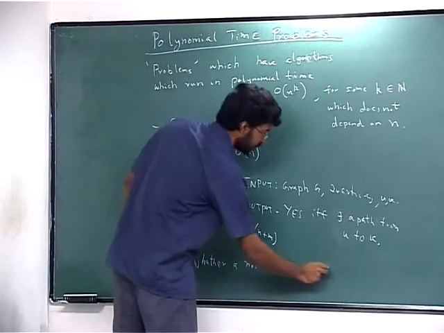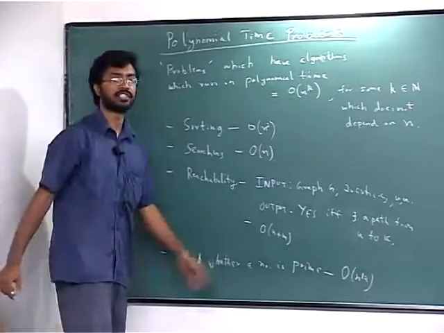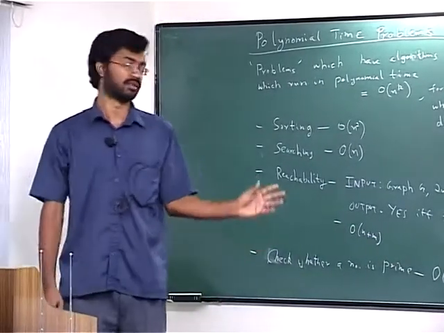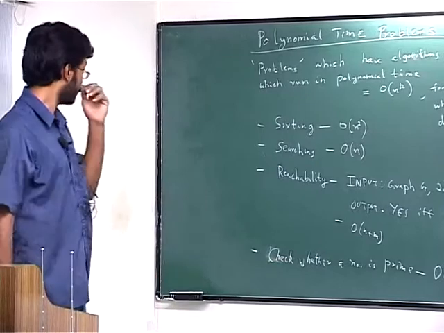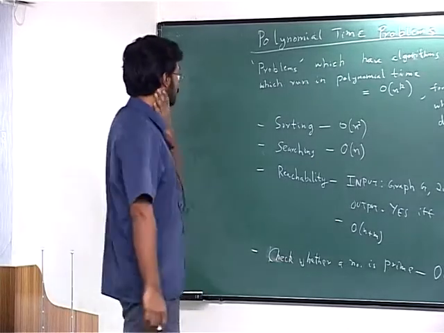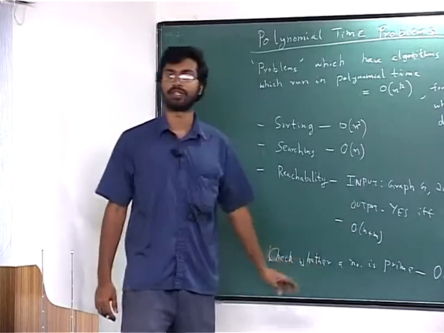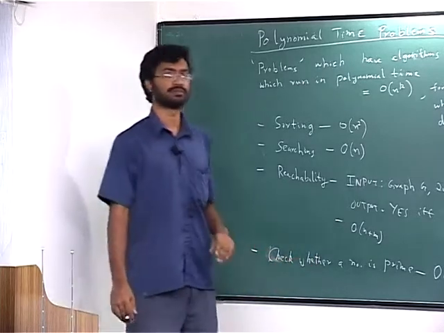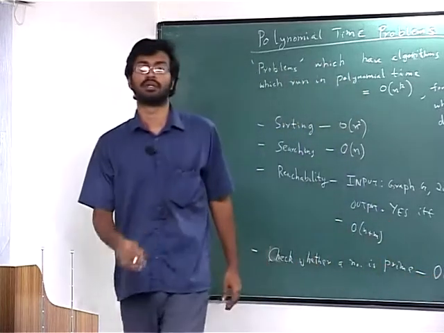It's something of order n raised to 12. The initial algorithm which was given is something of this order. Hence this algorithm is practically not that useful because it takes time this much.